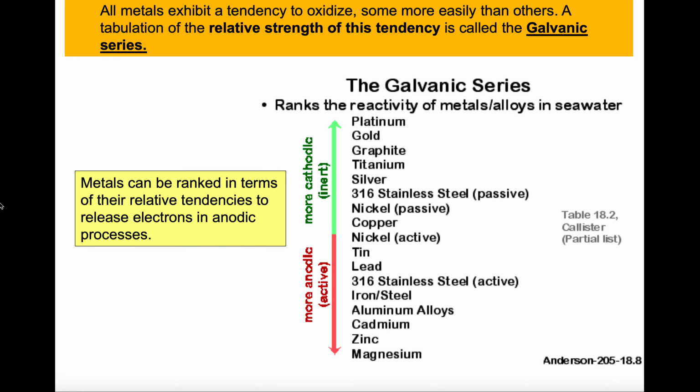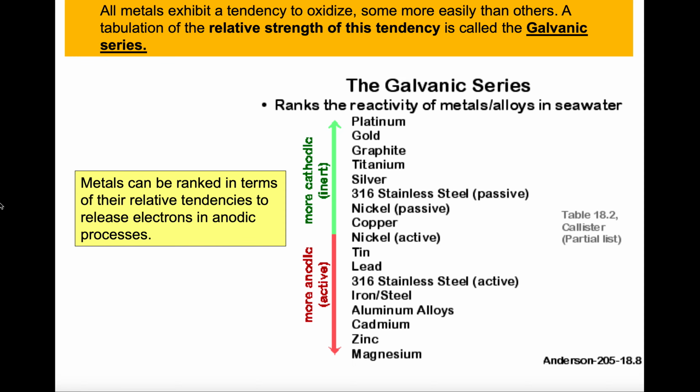So the more we go down toward magnesium, the more anodic, which means that these elements toward the bottom of the list tend to lose their electrons. They tend to release electrons, which means that they can complete the part of the corrosion process where the anodic reaction will take place.